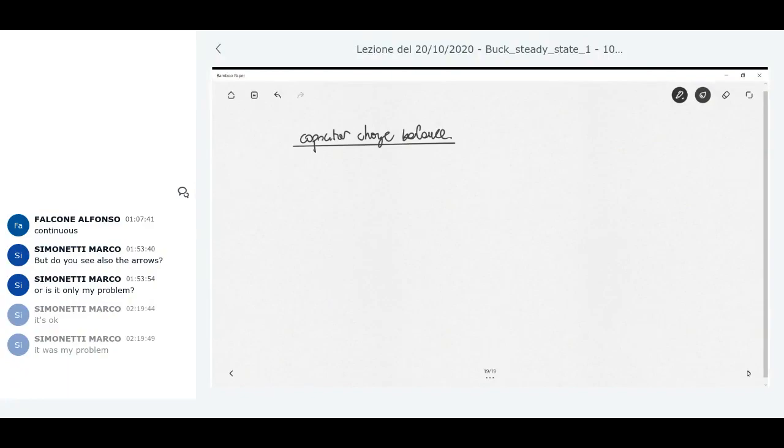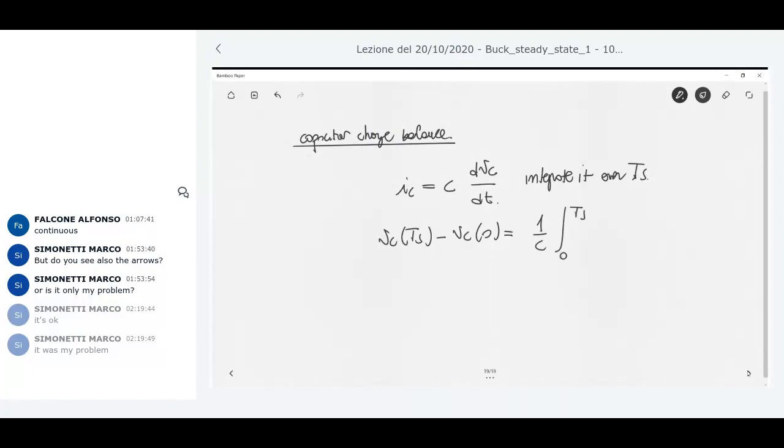Let's say, without notes, IC in general can be expressed as the multiplication of the capacitance value and the time derivative of the voltage across the capacitance. What happens if I integrate it over Ts, over a period? We have VC at time Ts minus VC at time 0, which is 1 over C times the integral over Ts of IC(t) dt.